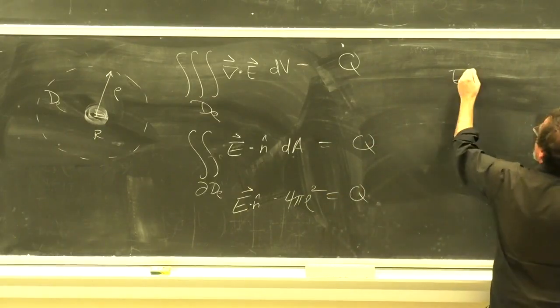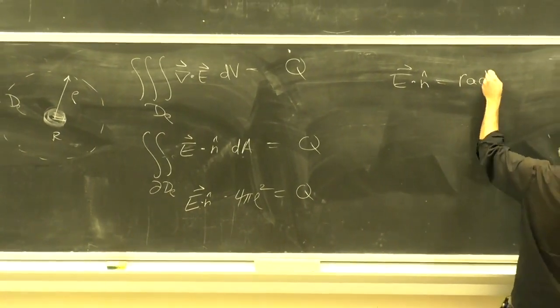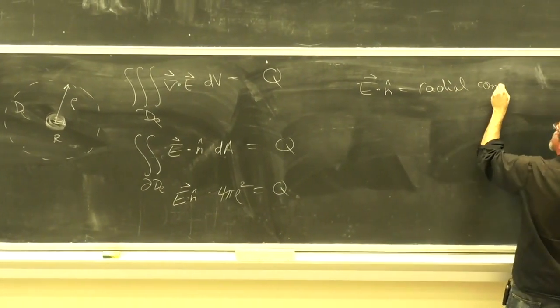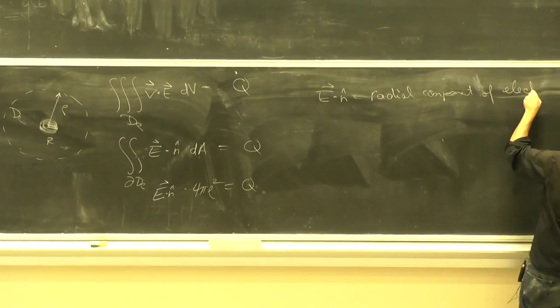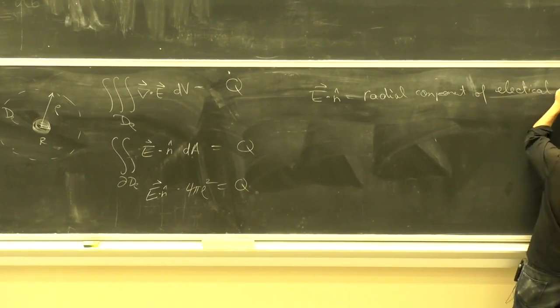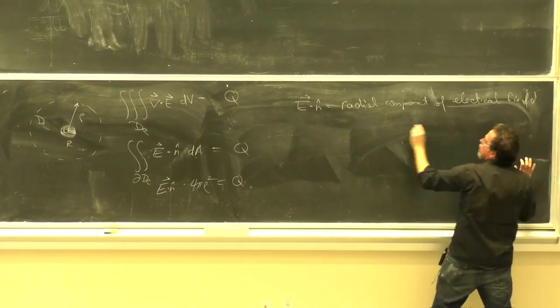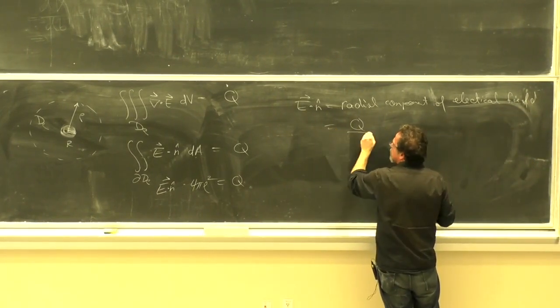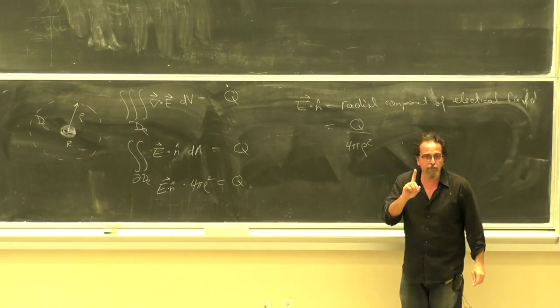So that says the radial component, E dot n hat, of the electrical field is equal to the total charge divided by 4 pi rho squared. What do you have to concern yourself with?